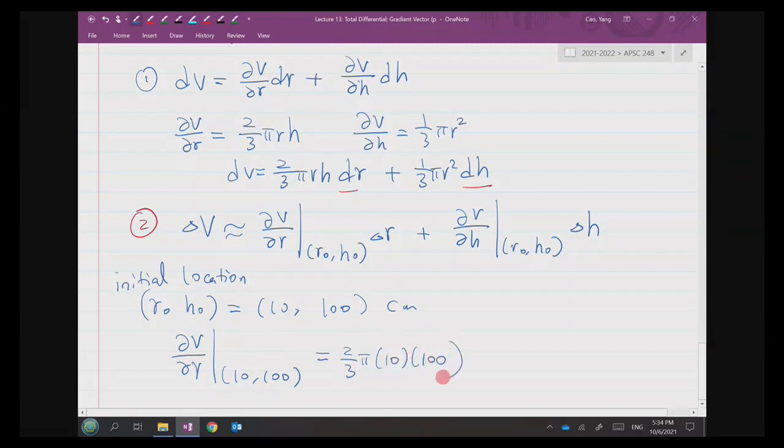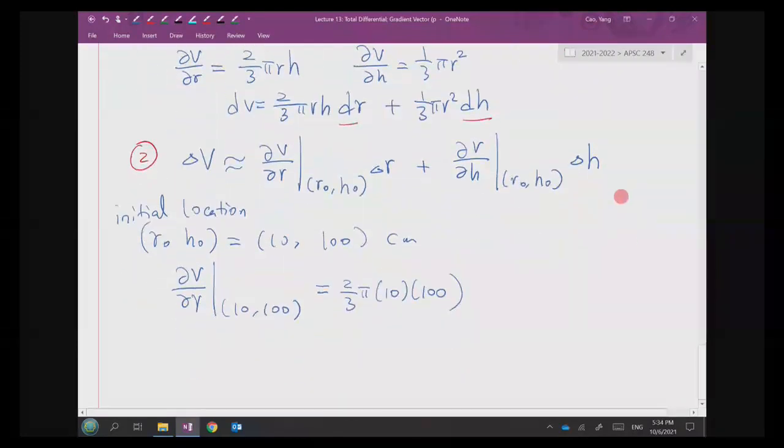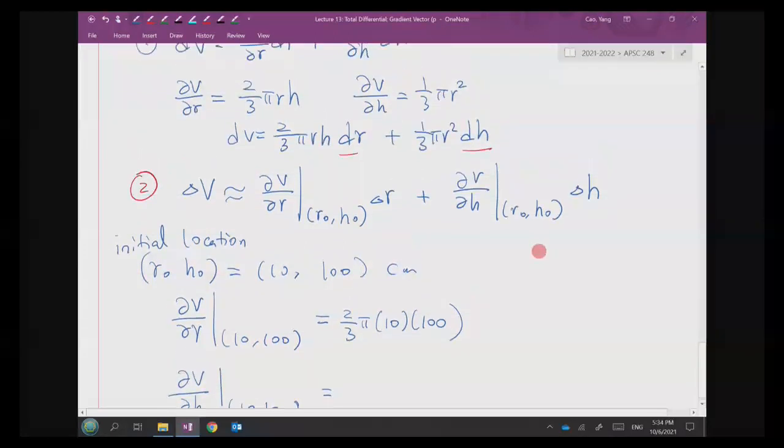Sometimes you leave it as it is and then calculate in one shot. It's easier. Same thing for this term. So what does that give us? 1/3 pi r squared. Okay, so we've got these two terms nailed down.